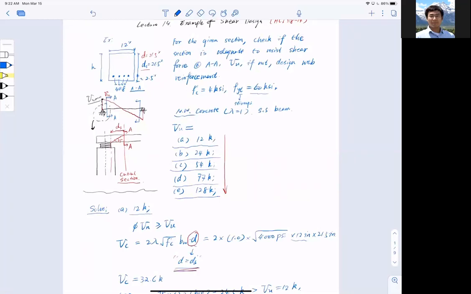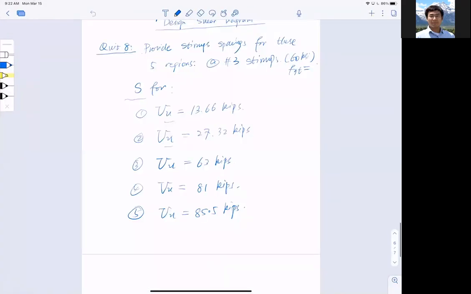But the only difference is back then we were designing for a rectangular section, and now for this problem, ladies and gentlemen, we're designing for a T section. You may ask, look, Bob, it's a T, it's not a rectangular section.